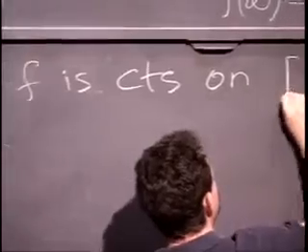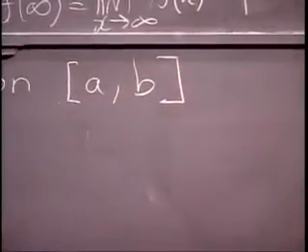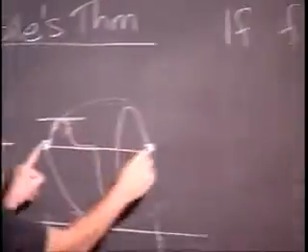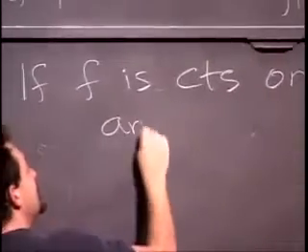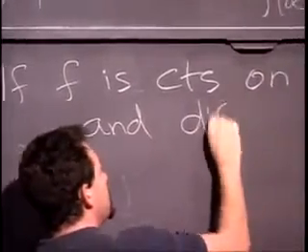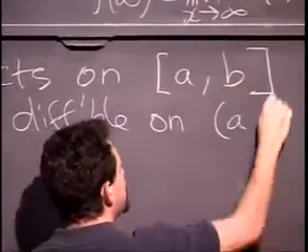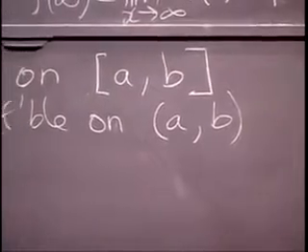If f is continuous on a closed interval AB, and it's important that it be closed, meaning, of course, it includes A and B. Like this, it's continuous from the right here and from the left here and everywhere in between. And it's important that it is differentiable on the open interval A, comma B. It doesn't really matter what happens at the endpoints for this particular thing.